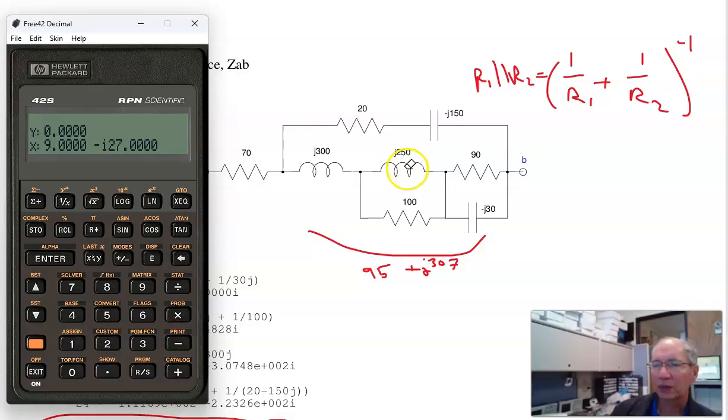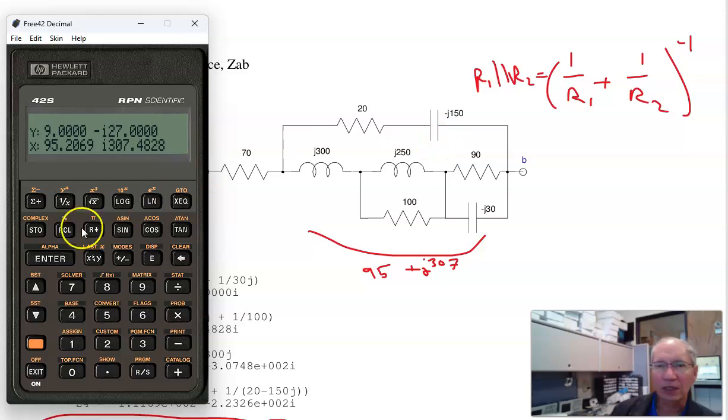Now let's do 100 in parallel with j250. So here's 100, take its inverse, 0, enter 250, complex, take its inverse, add inverse. These are in series, they add. In series with j300, 0, enter 300, complex, that adds.